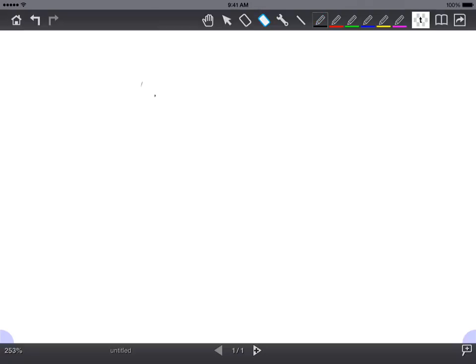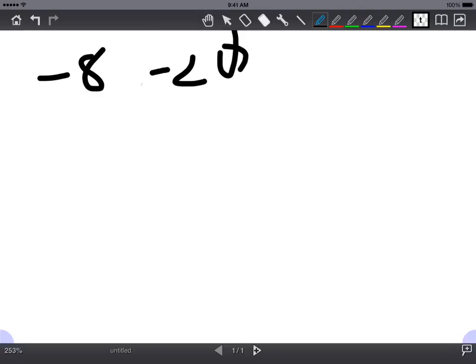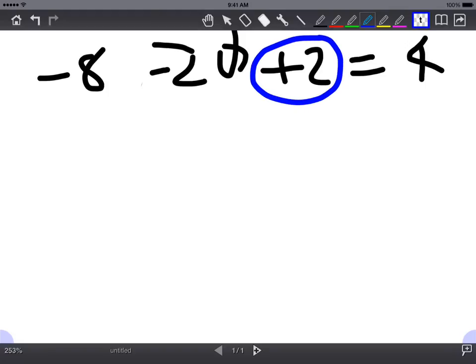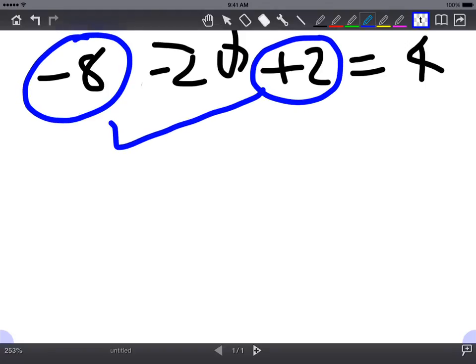Okay, so our next problem is going to be negative 8 minus 2d plus 2 equals 4. So now we need to add and subtract these like terms that are constants.